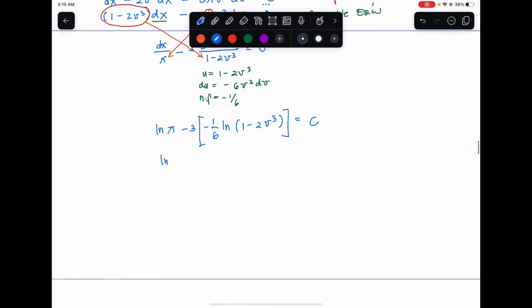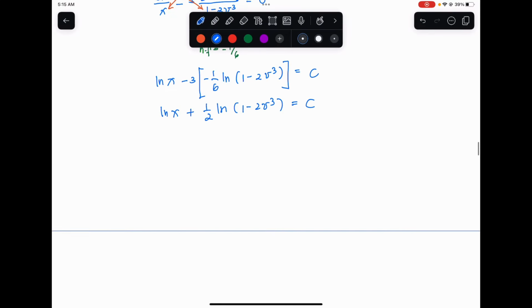So ln x plus 1/2 ln 1 minus 2v cubed is equal to c. We're multiplying everything by 2. So that is 2 ln x plus ln 1 minus 2v cubed is equal to c.